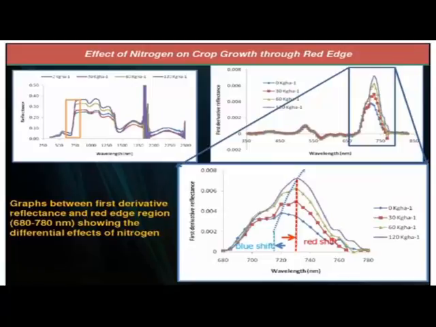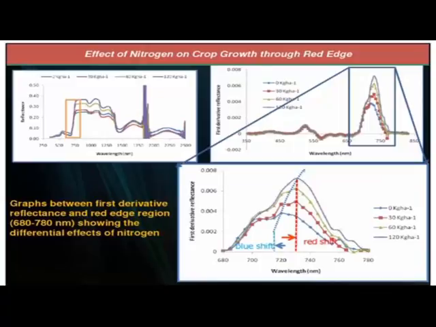In both cases, one thing is your red edge value is changing. Another is that the peak position is shifting towards the lower wavelength. So when you go from a healthy plant slowly to the stress plant, there is a change in nitrogen stress and a change in the peak value.